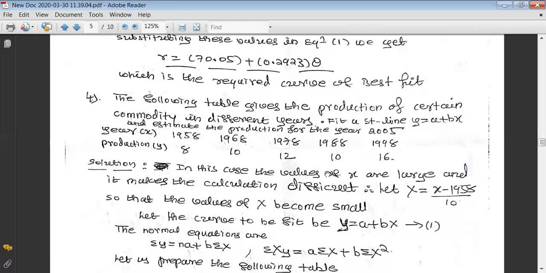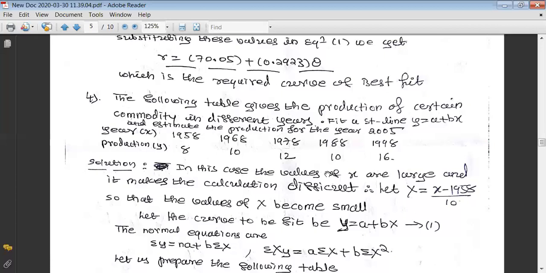And the main intention of reducing the values of small x, which are quite large in magnitude, to capital X is that if you reduce like this, without using the calculator also, we can work out the problem. That is the main intention of reducing the bulk of the data.